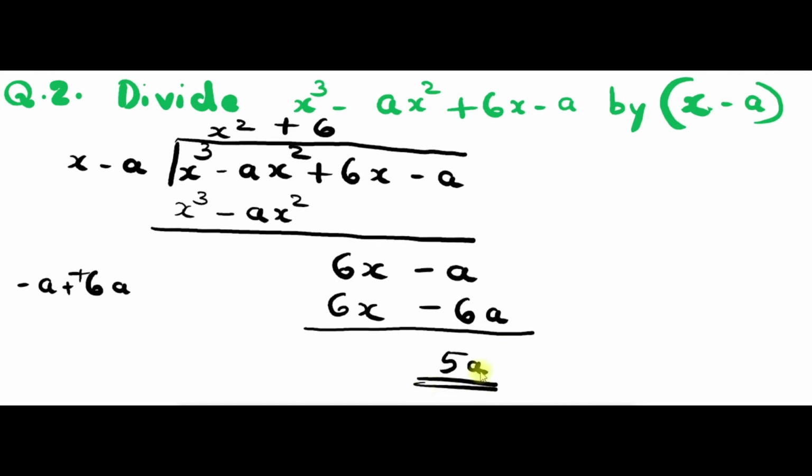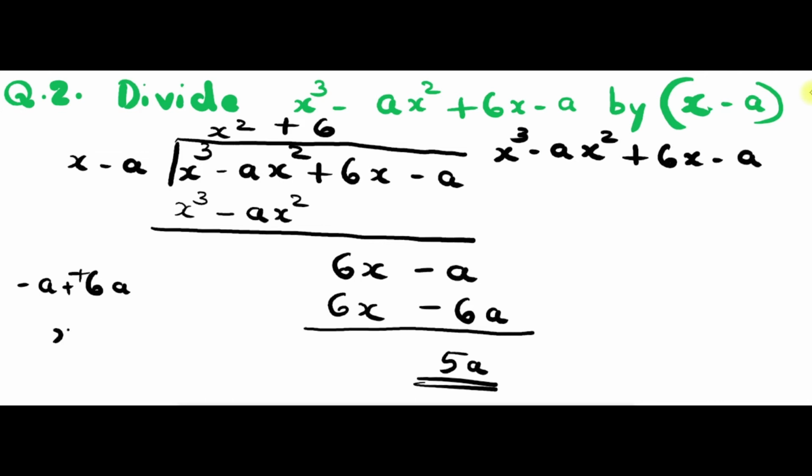So, you can check this with the remainder theorem. How you can check this is that here you know that your g of x is x minus a. So, your zero of the polynomial is a. Putting x minus a is equal to 0, x will give you a. Substitute that a here in x cube minus ax square plus 6x minus a.